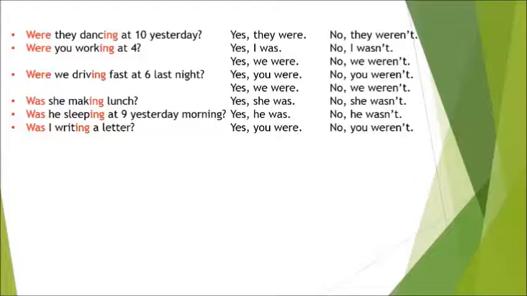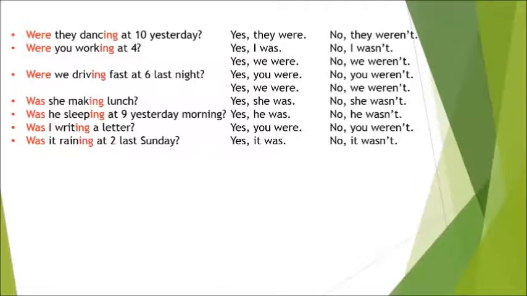No, you weren't. Next. Was it raining at 2 last Sunday? Yes, it was. No, it wasn't. As you see, for she, he, I, and it, we start the question with was, and we have verb plus ing. You can use contractions.